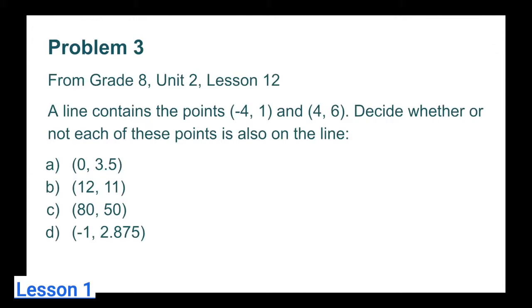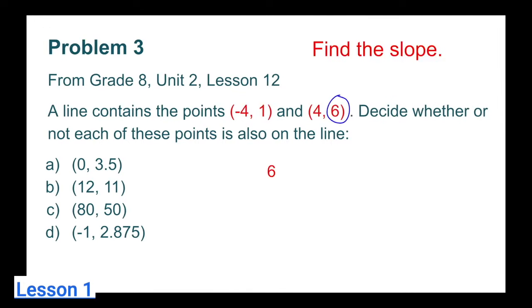Number 3. A line contains the points (-4, 1) and (4, 6). Decide whether or not each of these points is also on the line. We're going to find the slope. 6 minus 1, or the y value minus the y value, equals 5. That's the rise.